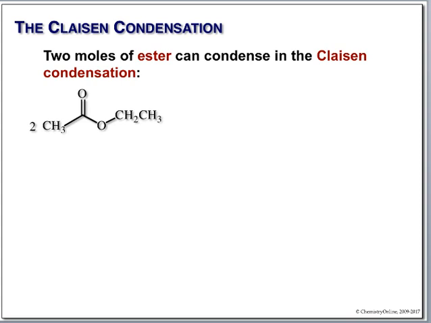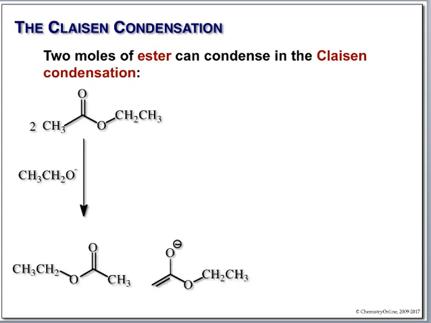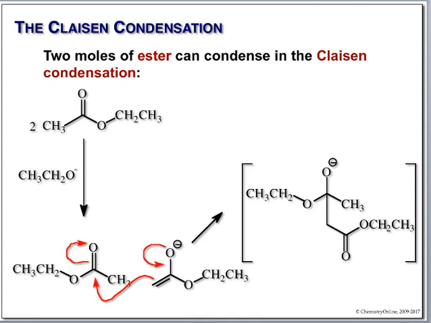We would make an enolate here, wouldn't we? We have lots of ethyl acetate sitting around, so this enolate anion can attack another carbonyl carbon. When it does, it makes this stuff.